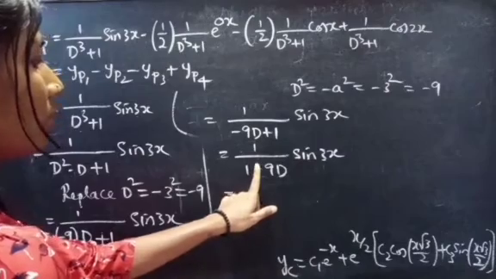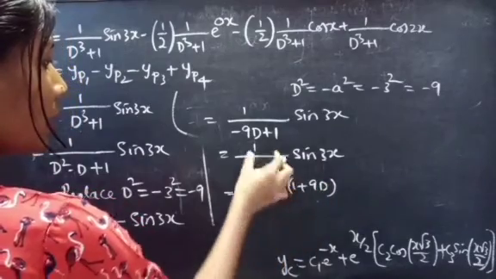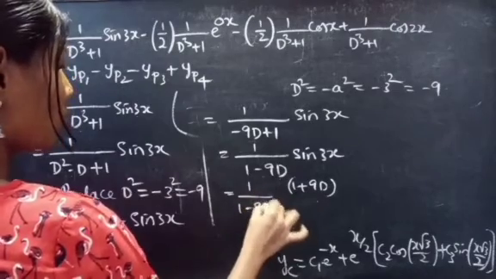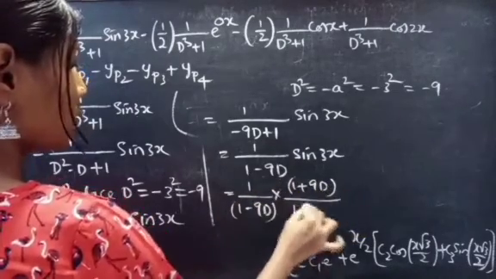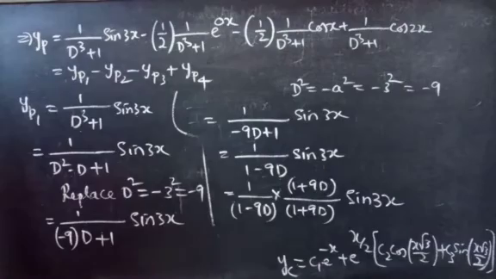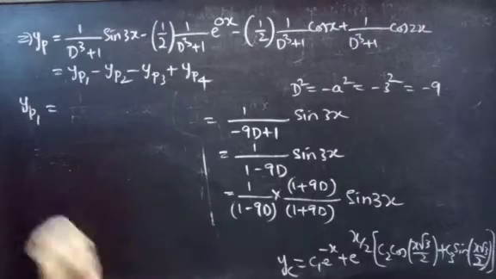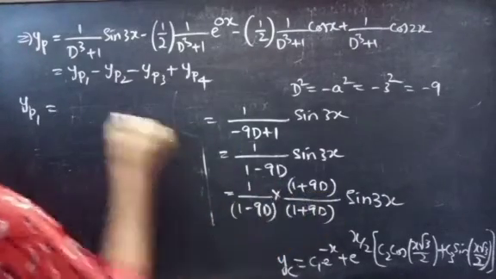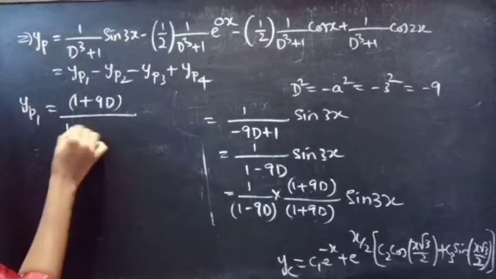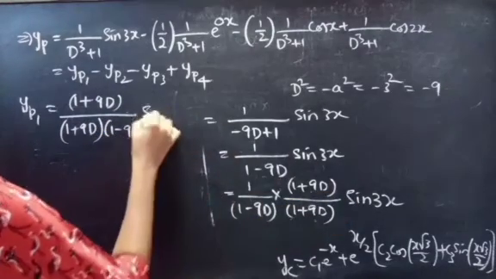So if you replace this minus by plus, you'll get 1 plus 9D. So let's multiply and divide this fraction by 1 plus 9D. Then we'll get 1 by 1 minus 9D into 1 plus 9D by 1 plus 9D into sine 3x. This becomes 1 into 1 plus 9D is 1 plus 9D, by 1 plus 9D into 1 minus 9D, into sine 3x.